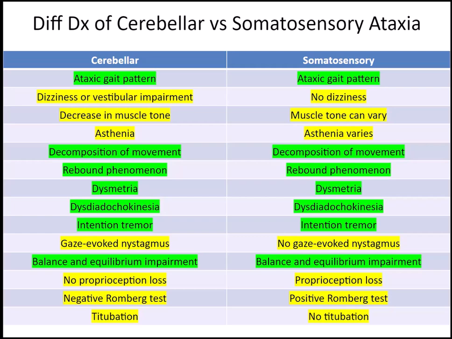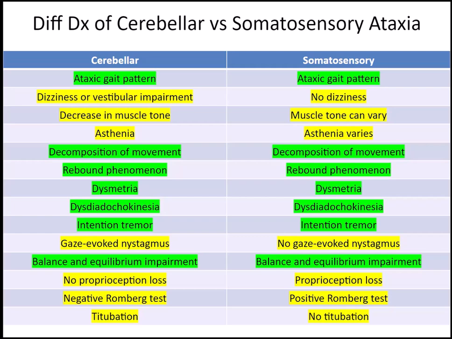And all the way down, if you look at gaze-evoked nystagmus, remember that direction-changing gaze-evoked nystagmus is going to be positive in a cerebellar disorder. There should be no gaze-evoked nystagmus with a somatosensory ataxia. You would expect no conscious proprioception loss. Remember, the cerebellum is associated with non-conscious proprioception.